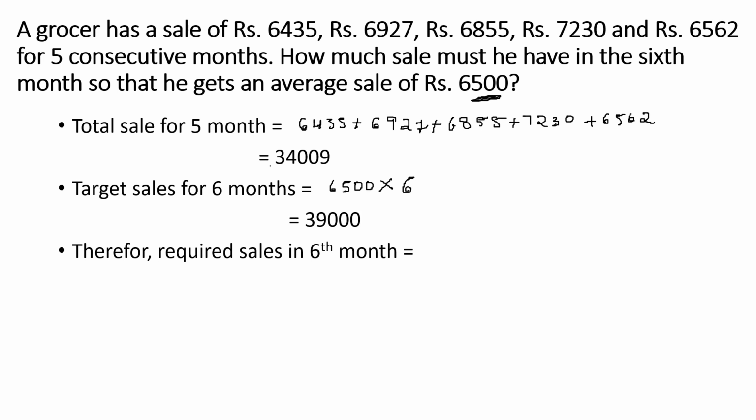That is 39,000 minus 34,009 rupees, and the difference is 4,991 rupees. So this should be the required sales for the 6th month.